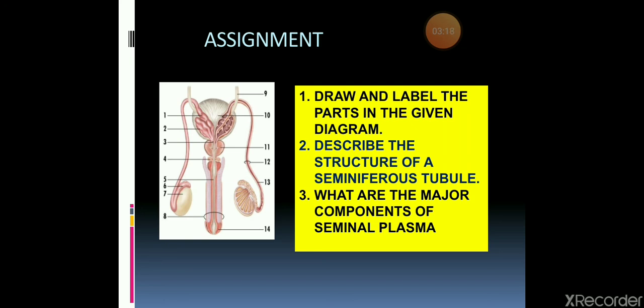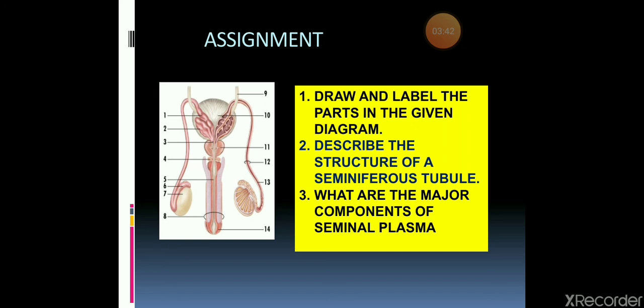Then describe the structure of a seminiferous tubule. The testis, in its cross section, will have 250 compartments called lobules, and each and every lobule will contain 1 to 3 seminiferous tubules, and inside the seminiferous tubule you have the lining. Underneath you have the interstitial space.